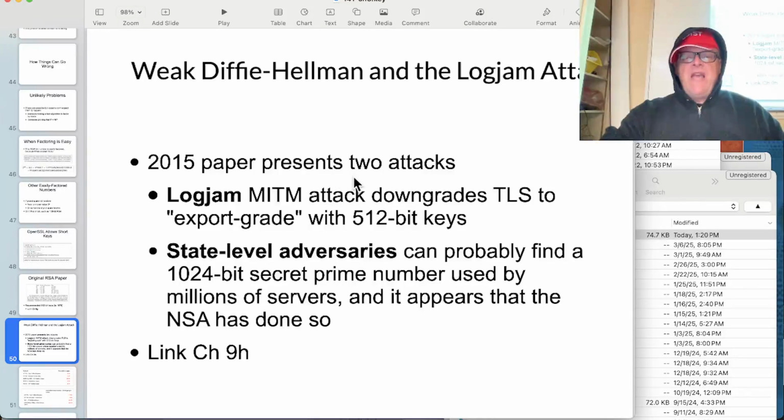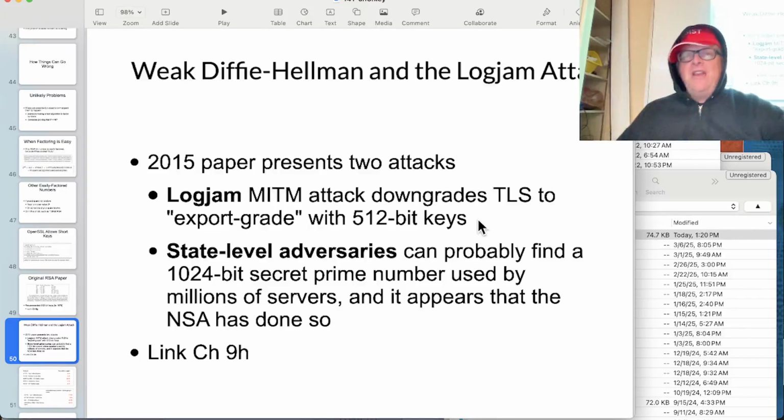Then there were some attacks. The Logjam attack is one. This is a political problem because the United States decided that cryptography was too dangerous to export. They forced Microsoft and other companies to make crippled versions of their operating systems. Microsoft called it Windows N, which would use weak encryption, to export to countries we didn't like, such as Russia and China.